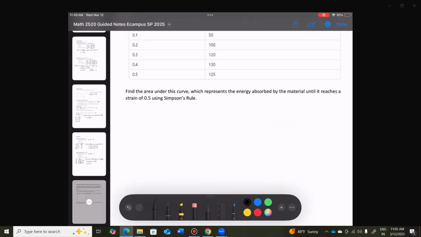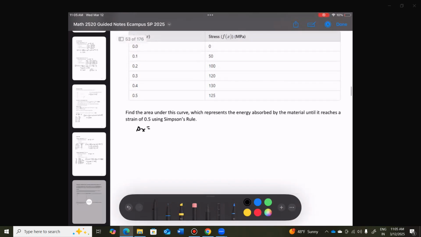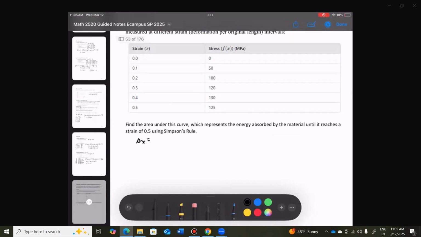We'll find the area under the curve, which represents the energy absorbed, until it reaches a strain of 0.5 using Simpson's rule. All right, so delta x. Okay, we're going to use these as our x's: x sub 0, x sub 1, x sub 2, x sub 3, x sub 4, and x sub 5. So our delta x is 0.1.